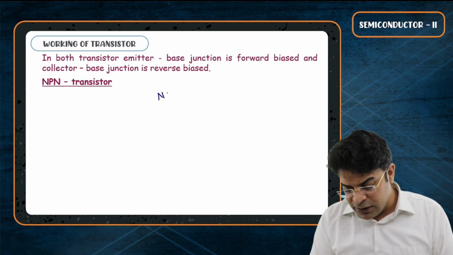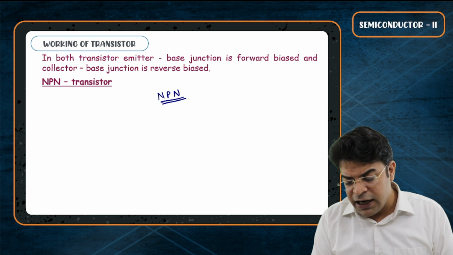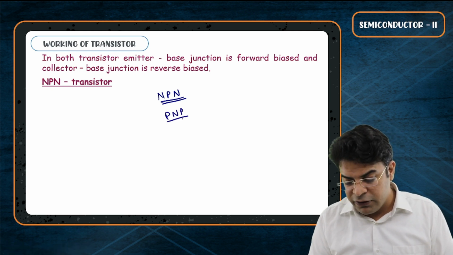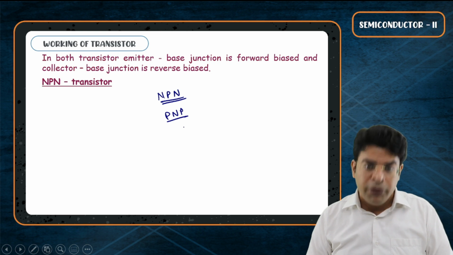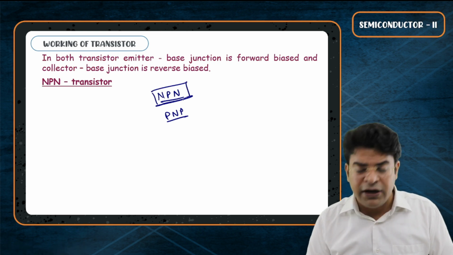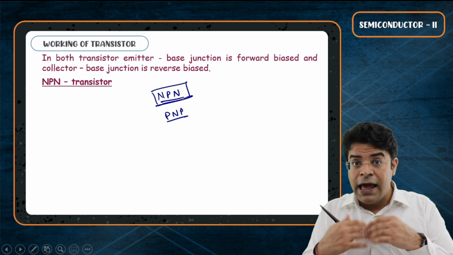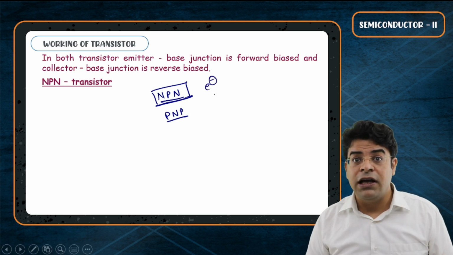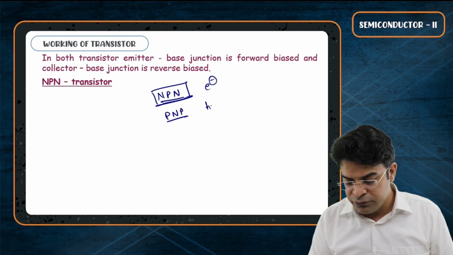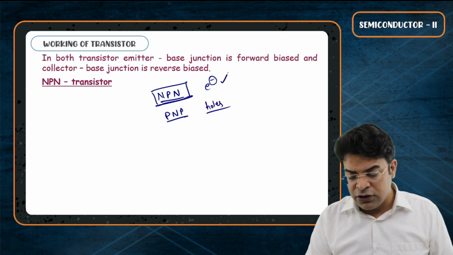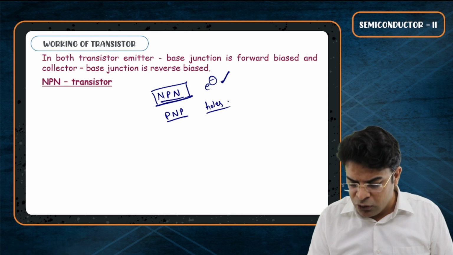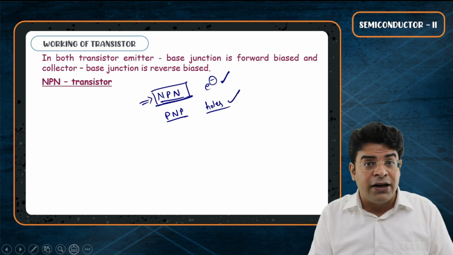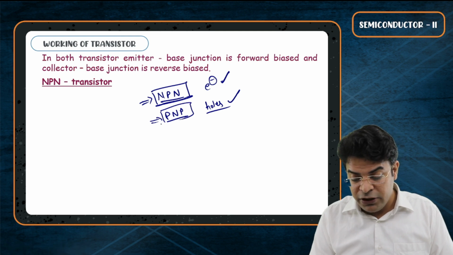So the question comes, a theoretical question: NPN transistors are more commonly used than PNP transistors. Why? Because in case of NPN transistor, emitter emits electrons. In case of PNP transistor, emitter emits holes. And since we know that electrons have got higher mobility compared to holes, an NPN transistor conducts better than a PNP transistor.